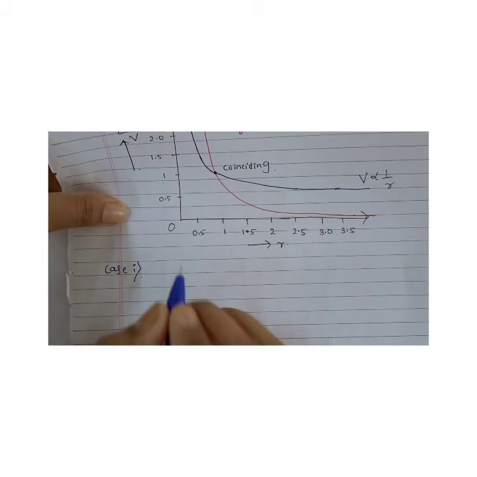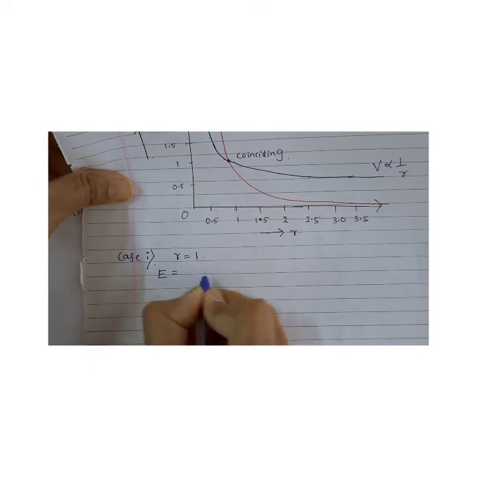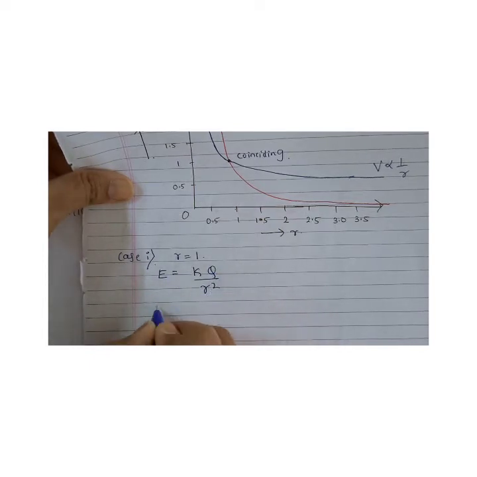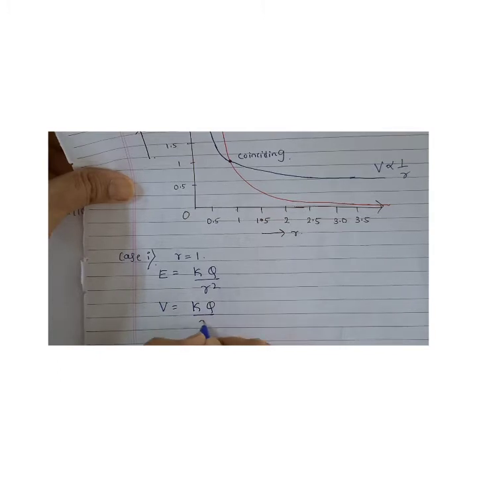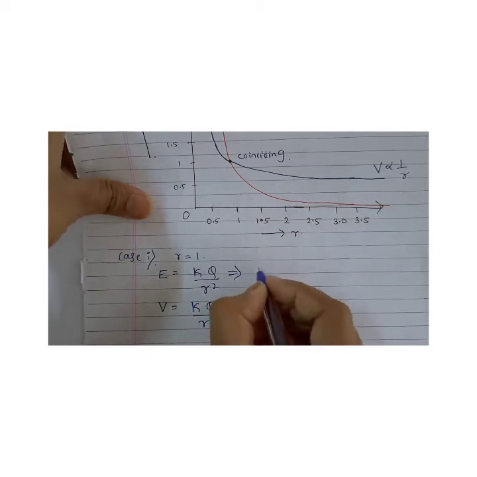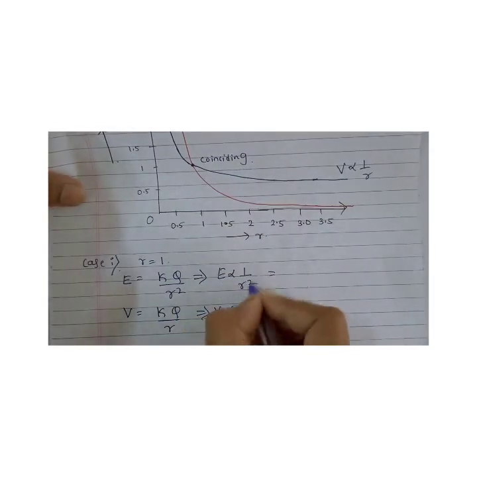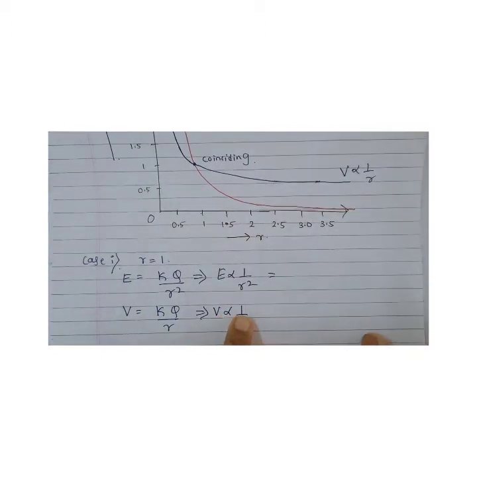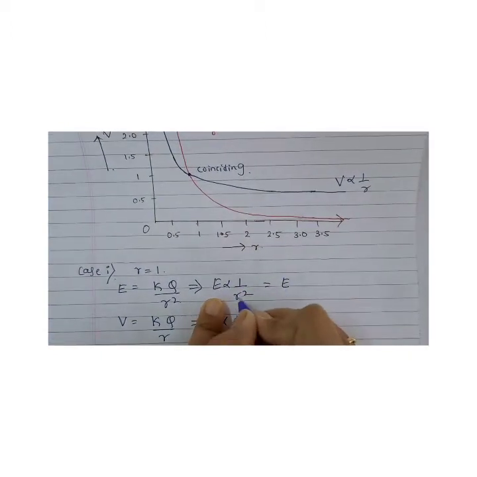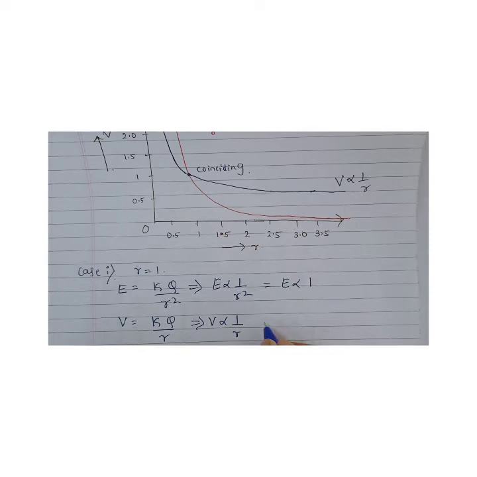When E and V are equal, if R equals 1, what is the expression for E? It is k times Q by R squared, and V is k times Q by R. Here k means 1 by 4 pi epsilon naught, and I will not write it every time. So E is inversely proportional to the square of the distance, whereas V is inversely proportional to the distance. Now we are justifying this. If you put R equals 1, E is approximately equal to 1, and V is also approximately equal to 1.